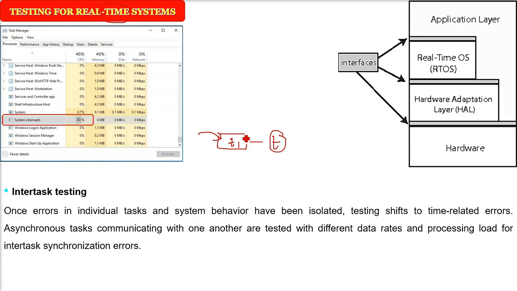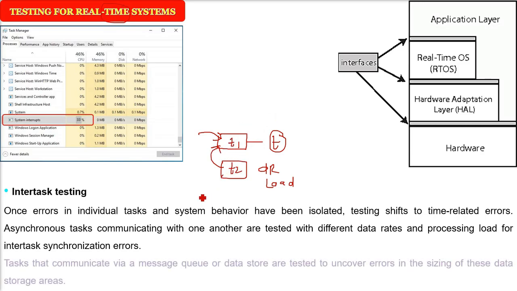We have already done the individual task and system behavior checks. Now in inter-task testing, you can change the data rates, the processing load, and other parameters, and that can reveal synchronization errors.